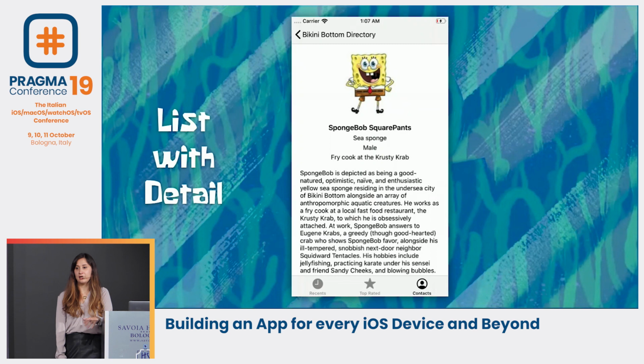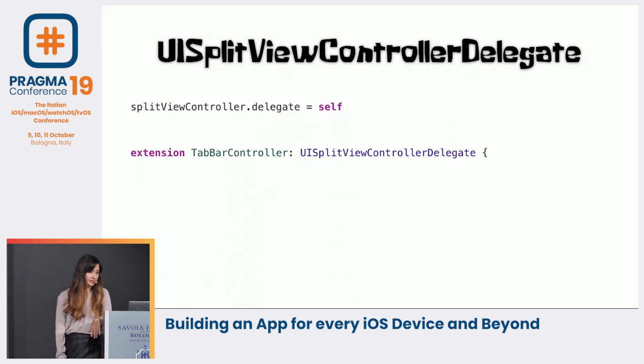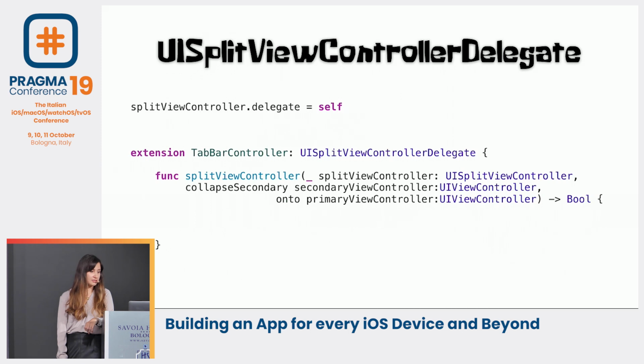But now we launch it on the iPhone, and upon launch, we keep getting the detail view controller. So why is that? That's the default behavior, and we need to use the split view controller delegate to change it. So we make ourselves the delegate, and in the delegate method, we want to use splitViewController collapse secondary view controller onto primary view controller.